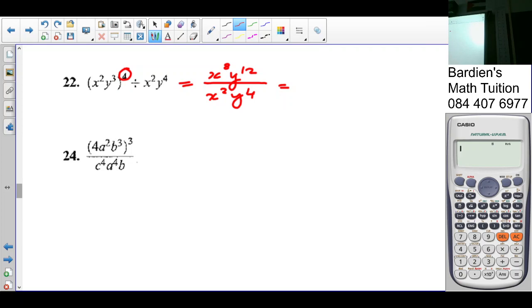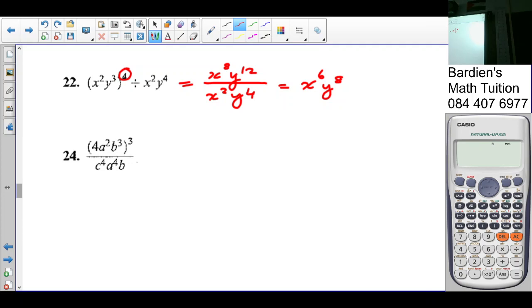So 8 minus 2 is 6, x to the 6, y, and that's over 1. Remember, there's more x's in the numerator than the denominator, so we write it on top.